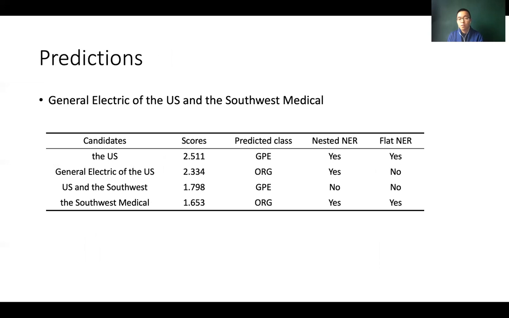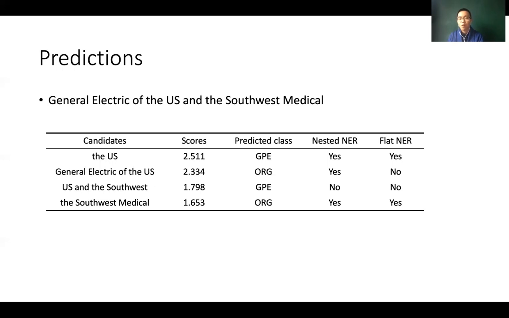So let's assume we have a sentence here, and we have some candidates after removing all the candidates that had a label of non-entity. So here we have 4 different candidates: the US, General Electric of the US, the Southwest, and the Southwest Medical.